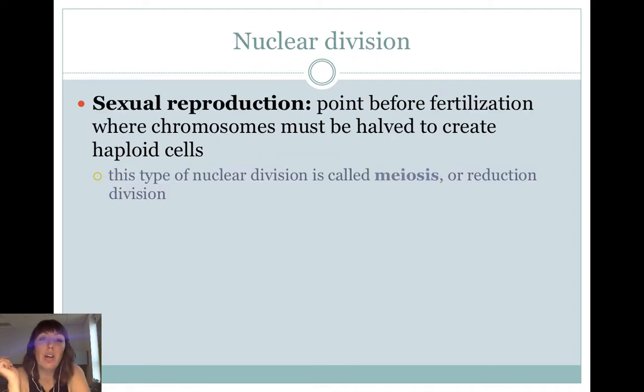With meiosis and mitosis, you start with a diploid cell, so you start with 46 chromosomes. In mitosis, you get one cell cycle of division, and you end up with two identical daughter cells that are both diploid, identical to the parent diploid cell.